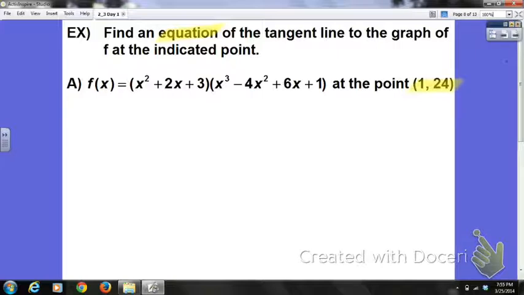So let's get started. F prime of x is equal to the first. Okay, here's our first function, and here's our second function.